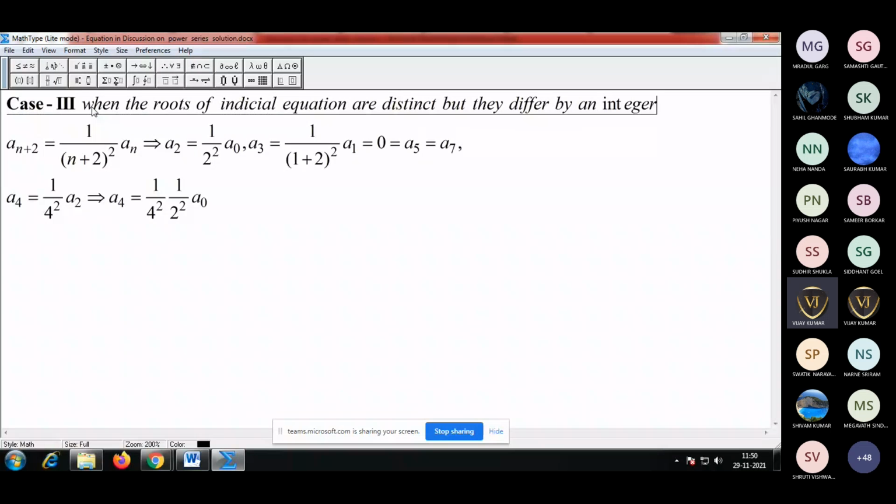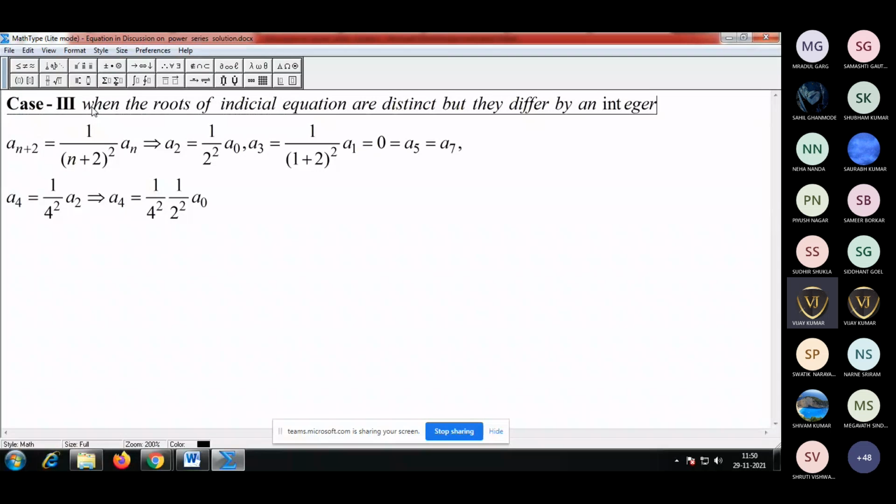In case 1, you have seen the roots are equal but they do not differ by an integer. In that case, the solution was c1y1 plus c2y2. And in the second case, when the roots are equal, then the solution was something different. Now the third case, when the roots of this equation are distinct but they differ by an integer.